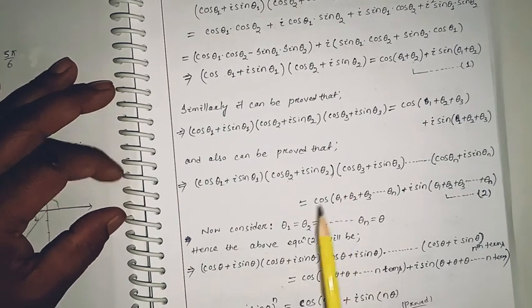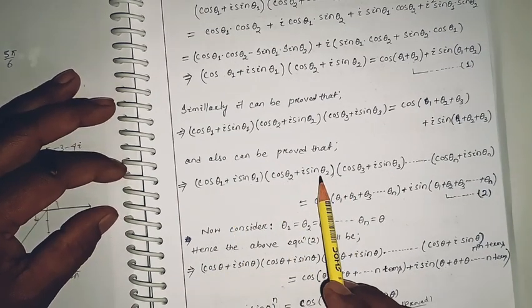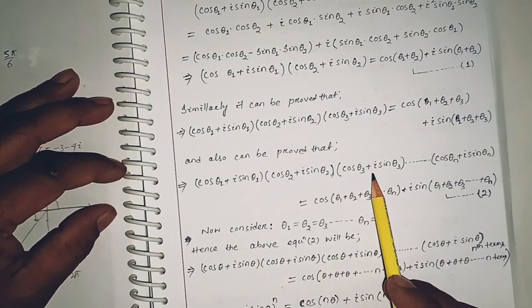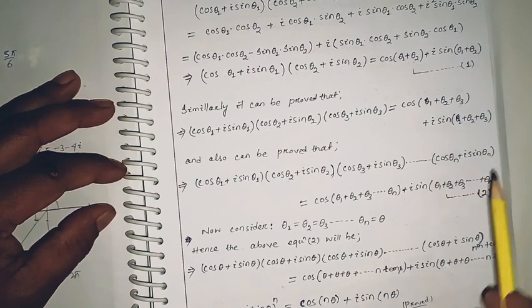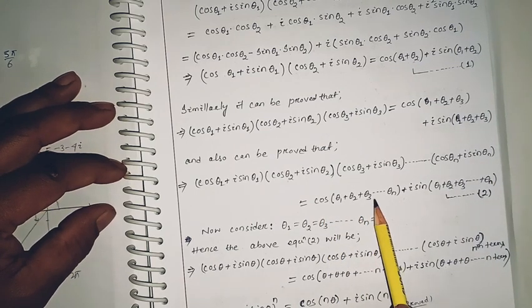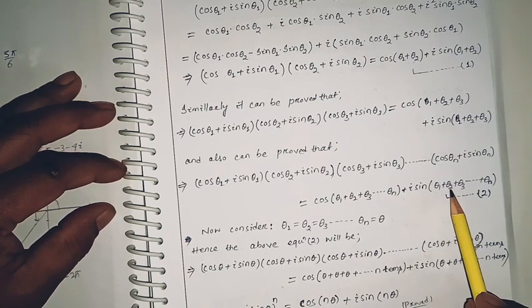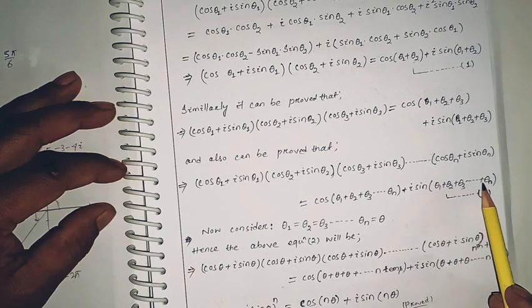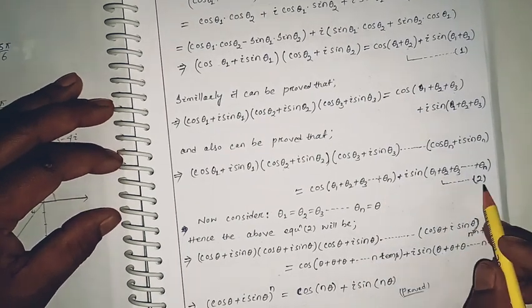Likewise, we can prove that the product up to (cos theta n plus i sin theta n) will be equal to cos(theta 1 plus theta 2 plus theta 3 and so on up to theta n) plus i sin(theta 1 plus theta 2 plus theta 3 and so on plus theta n). This is equation number 2.